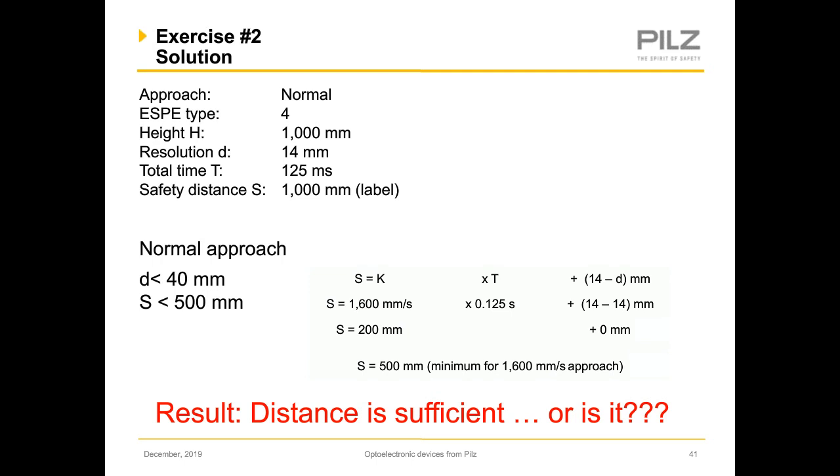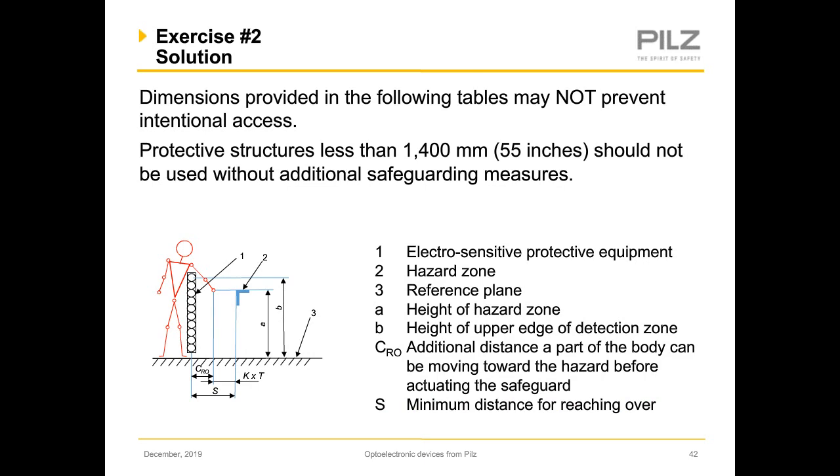So 500 versus 1,000, are we still good? But here we have a reach over situation. So you have in the table in the standard the measurements, and if there are protected structures that are less than 55 inches, they should not be used without additional safeguarding.